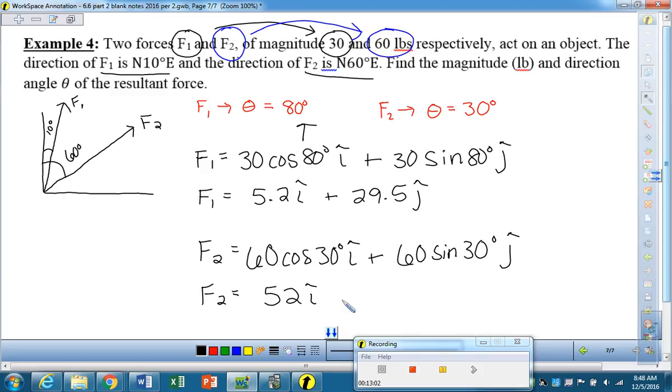So we should end up getting 52i plus 30j.